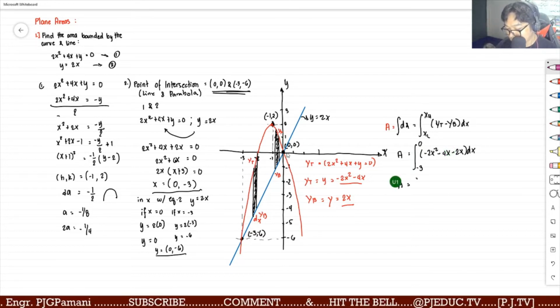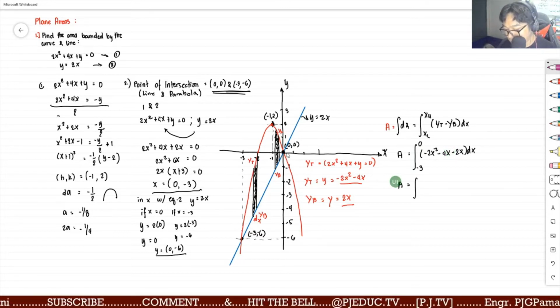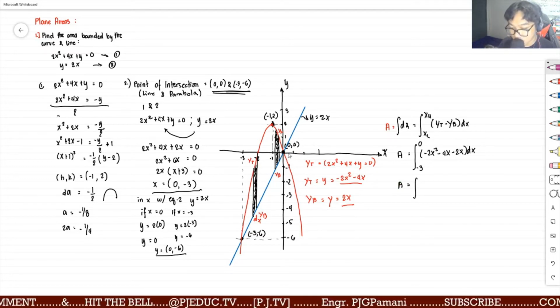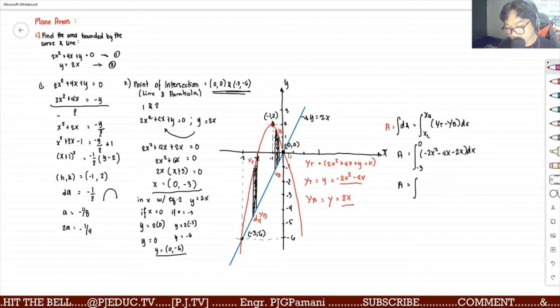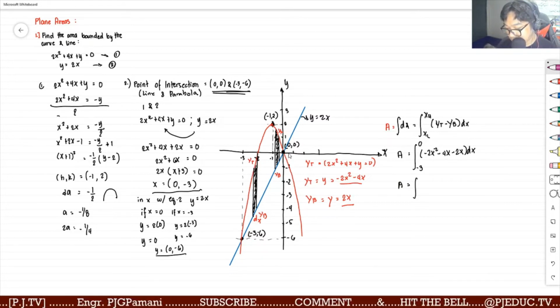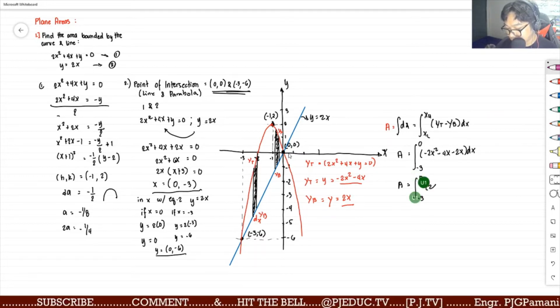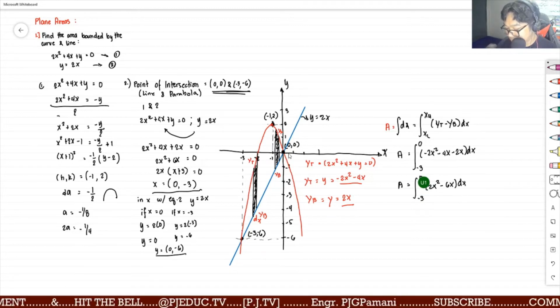Simplify. That is simply negative 4x minus 2x, that is 6x, right? Negative 2x squared minus 6x dx.